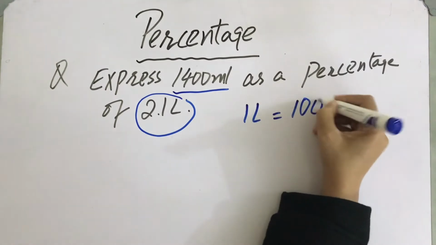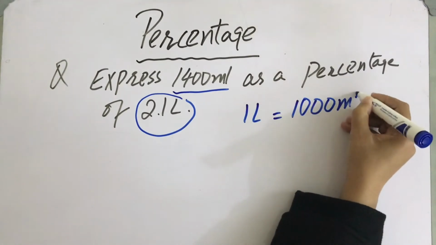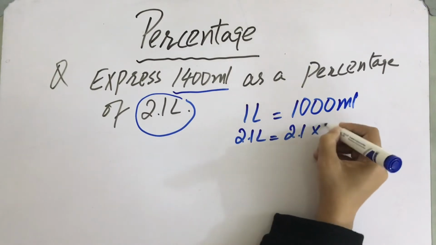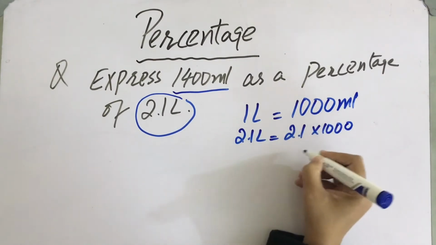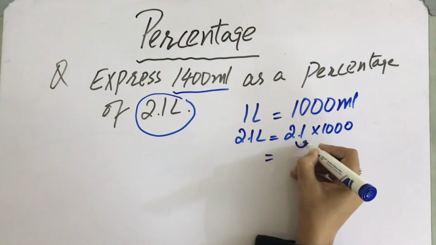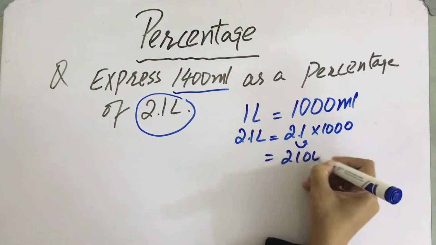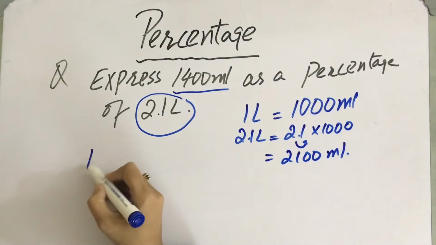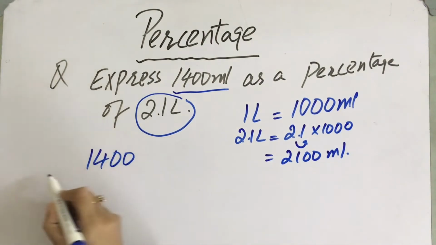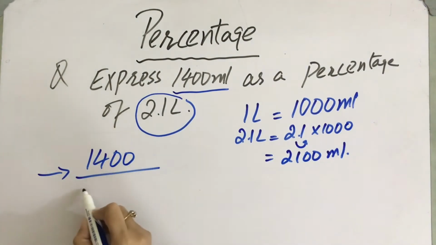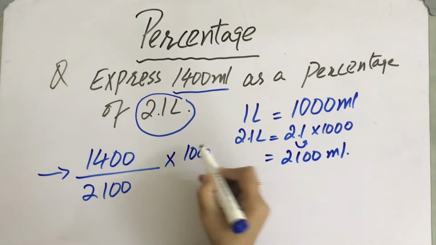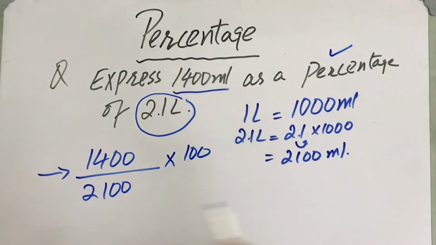As you know, in 1 liter there are 1000 ml. So 2.1 liters will be 2.1 multiplied by 1000, which removes 1 decimal and adds 2 zeros along with it. This is 2100 ml. So we shall have in our question 1400 ml divided by 2100 ml multiplied by 100 to convert it into percentage.